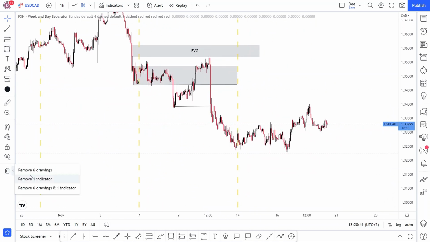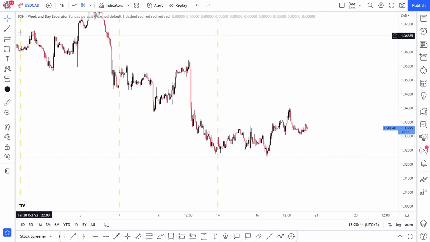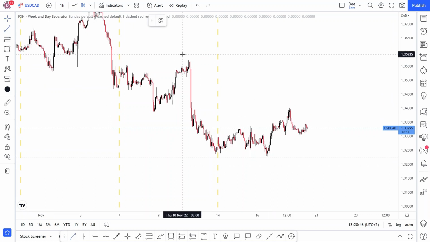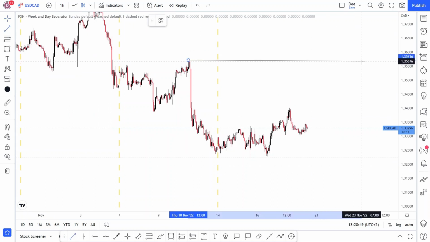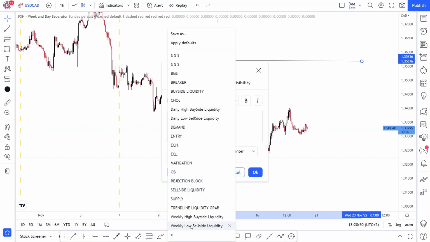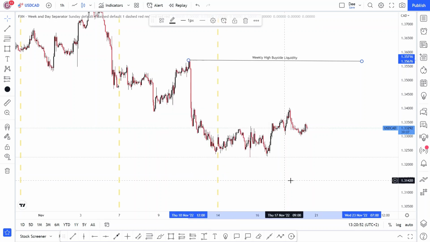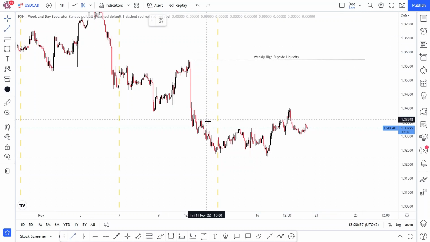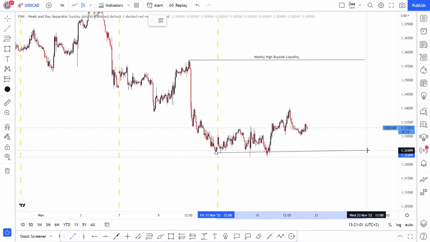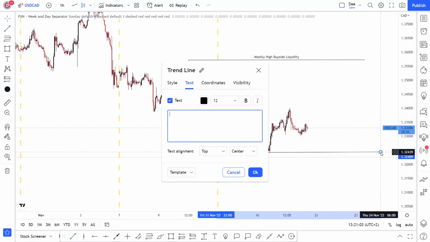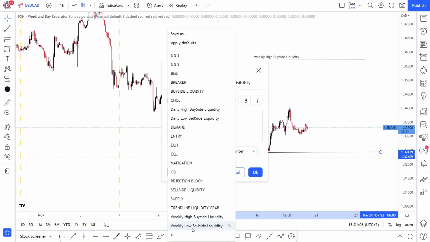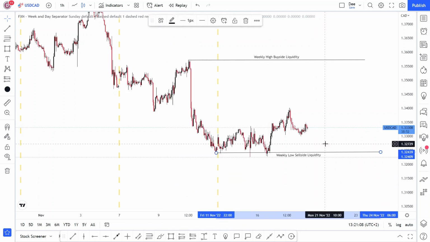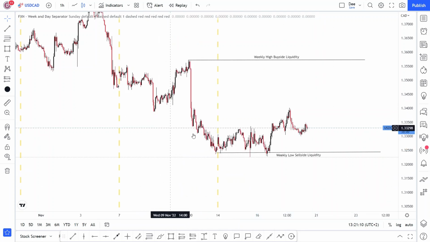so now we remove the markings going into the next trading window. We have this buy side liquidity over there. Our lowest low was at this point, and it also came with the rejection block. This was the weekly low, the previous weekly low.